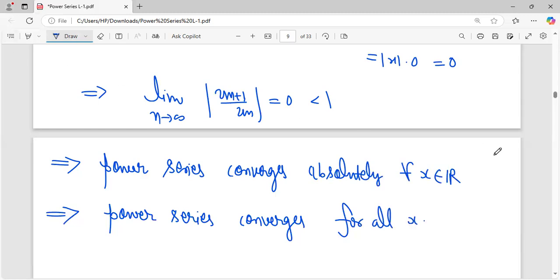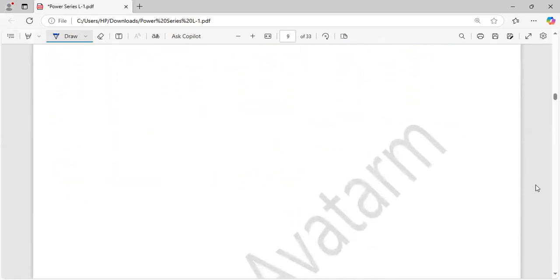Okay. The last part we are going to solve, D part. This series is given: 1 plus x plus factorial 2 x square, and so on.